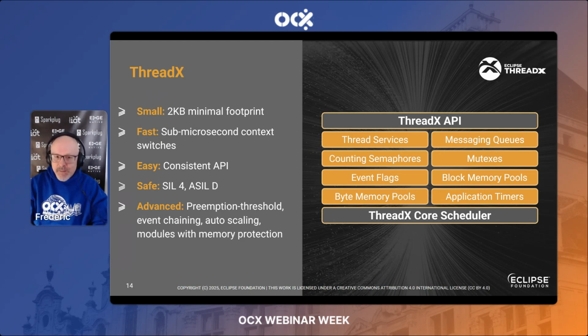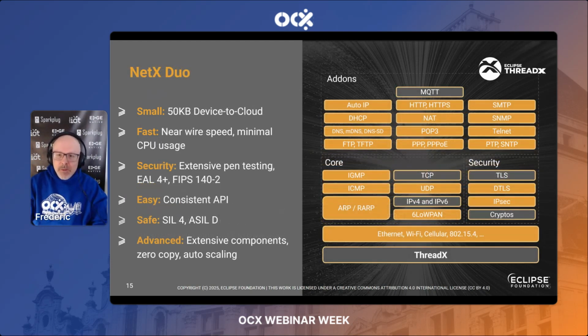feature to leverage. Then we've got NetX Duo, which is something I will show you today in the demo. So it's small, really. It can fit in 50 kilobytes and really brings near wire speed in terms of performance, and at the same time, it will result in minimal CPU usage.